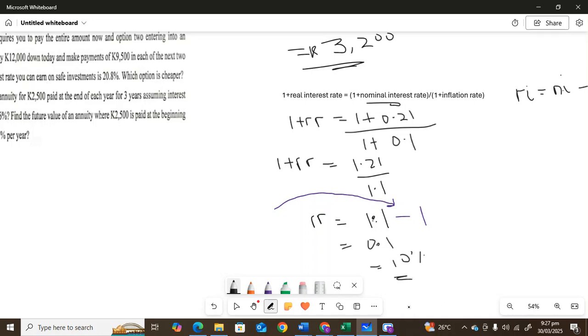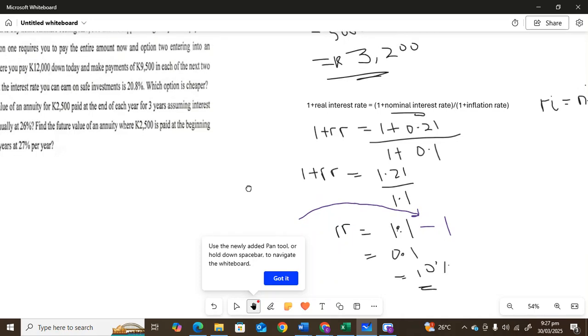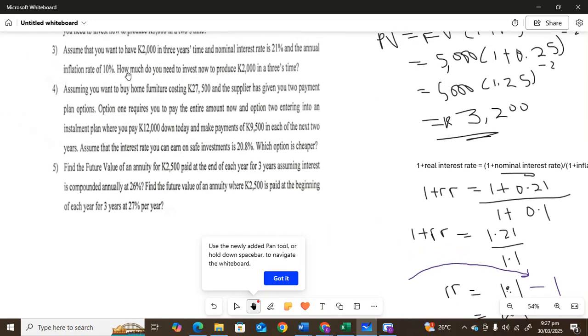Okay. So now we've got our real interest rate. Now we can find out how much we need to invest to have 2000 in 3 years' time. Again, this question, we want to find out how much we need to invest today so that we get 2000 kwacha in 3 years' time.